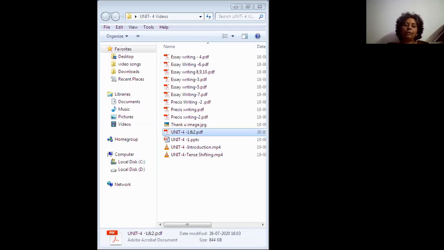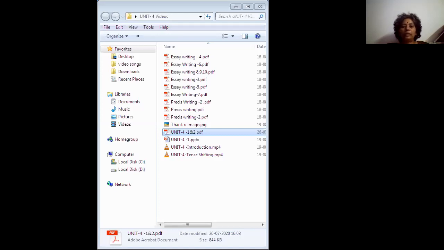Try to use the same concept in your sentence structure. Third one, identify the tense of your verb. What type of tense you are going to use in a particular paragraph. And ask yourself if the tense of your verb agrees with the statement or generalization you want to make.